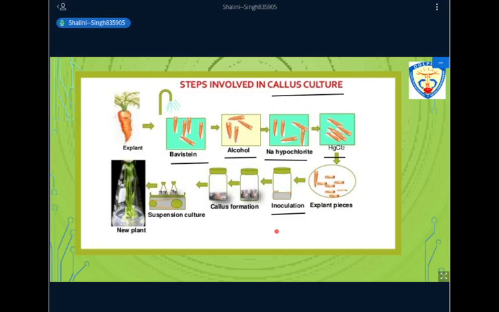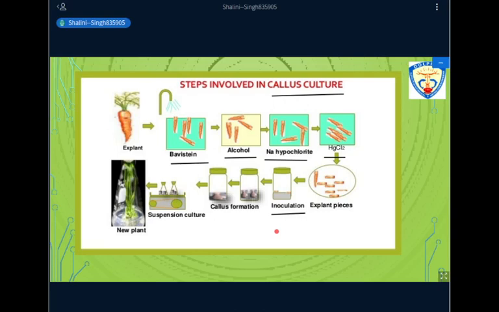The second requirement is photo period. Photo period is day length. As you know, in plant growth and flowering, photo period also plays a very important role. So here you also maintain the required photo period length. How is it maintained? It is maintained by white lights installed in the lab. When you switch on the lights, that is done normally in daytime.